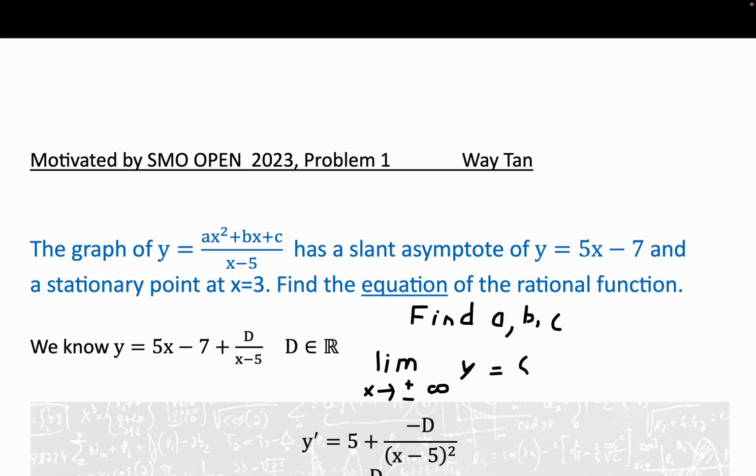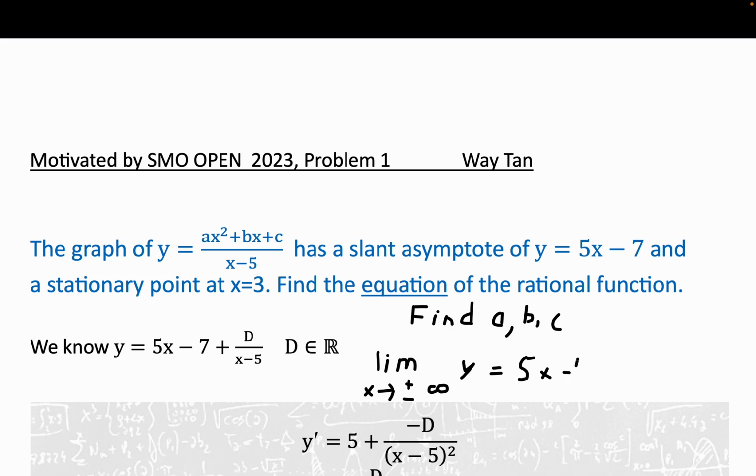And literally, that is your definition, or you could place this object right here, and when you do the limit, if you get 5x minus 7, let me just write this down first. 5x minus 7, okay?